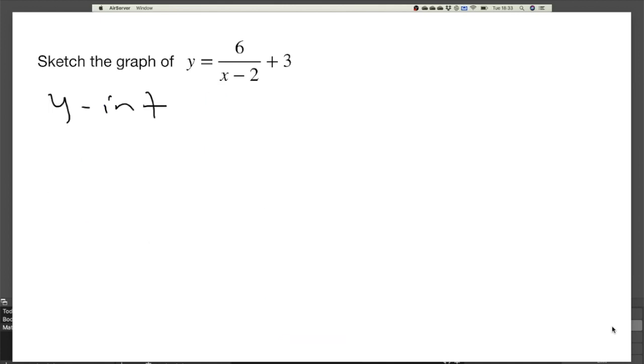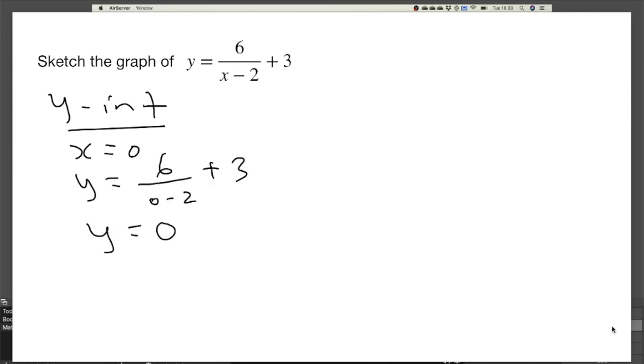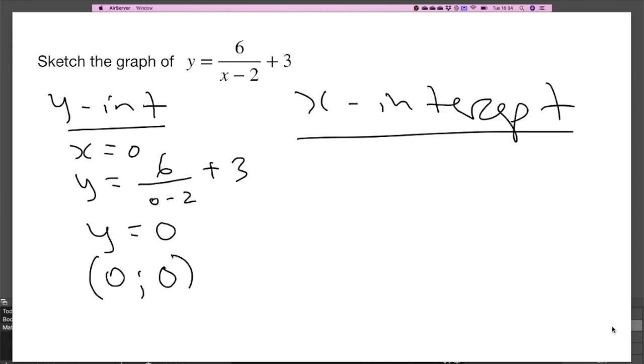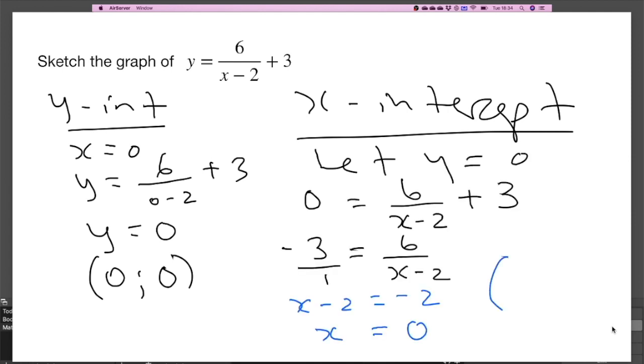To get the y-intercept, I should put x equal to 0. So my graph will pass through the point 0, 0. For the x-intercept, we put y is equal to 0. All right, so our x-intercept is 0, 0, and our y-intercept is also 0, 0.